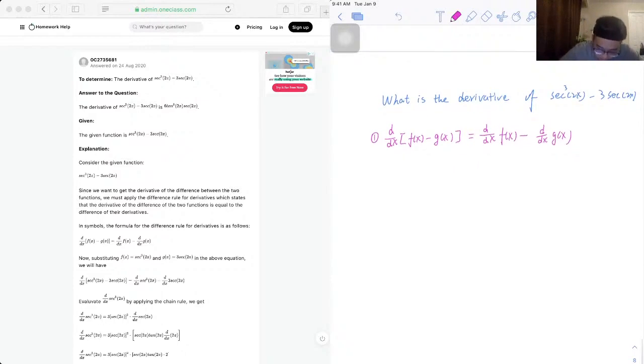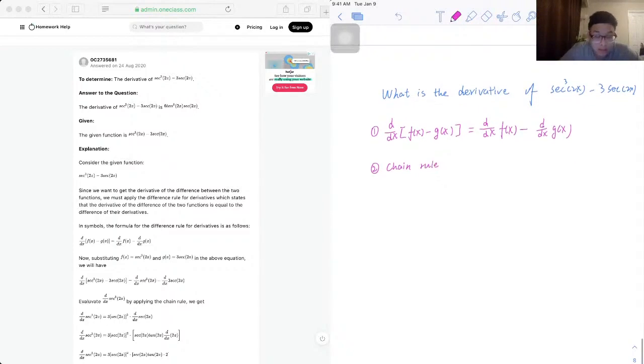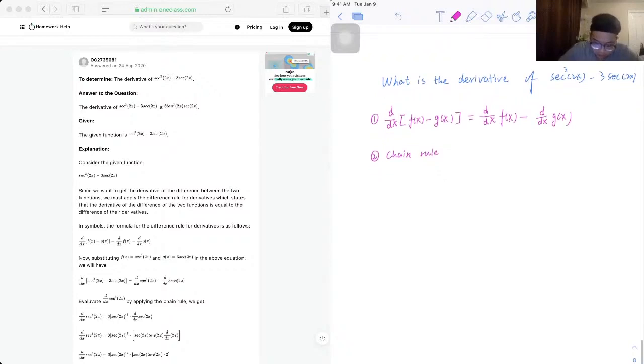And the second thing I want to mention is the chain rule. Say we have f(x) equal to (2x plus 1) to the exponent of 2, and we want to take the derivative of it.